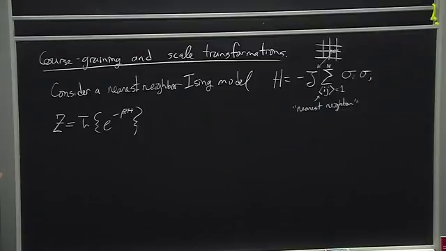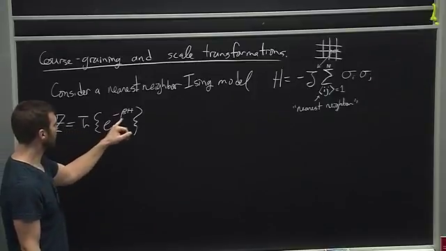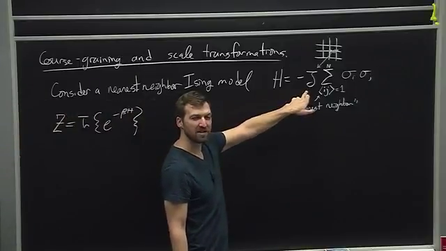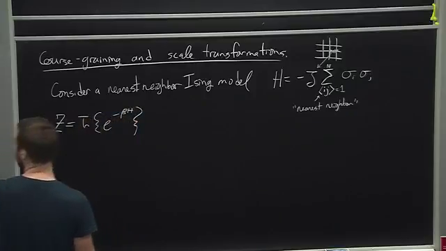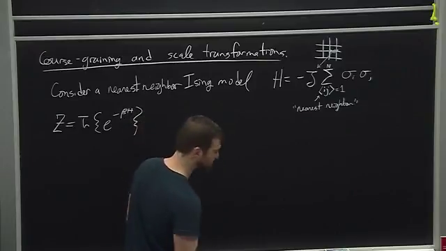Remember that I had that movie and I was very close to the critical point, but slightly below. And then there was a block transformation, which I'm going to do. The effective temperature scaled to 0, and everything turned white. So just in terms of strategy, what I'm doing is absorbing this temperature into this parameter J. Then we're going to see how that J changes as we rescale the system, as we apply scale transformations.